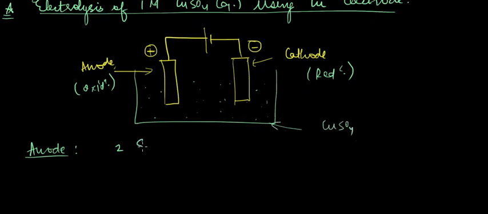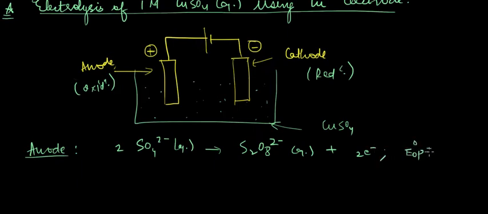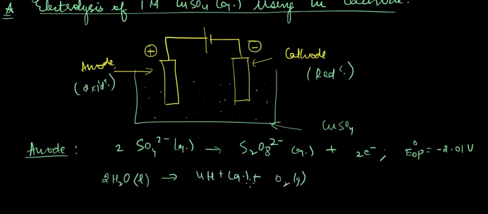So at the anode, we can write 2 moles of SO4 2- can get converted into S2O8 2- aqueous plus 2 electrons. E naught OP for this reaction is -2.01 volts. We can also have oxidation of water to form 4H+ aqueous, O2 gas plus 4 electrons. E naught OP for this reaction would be -1.23 volts.